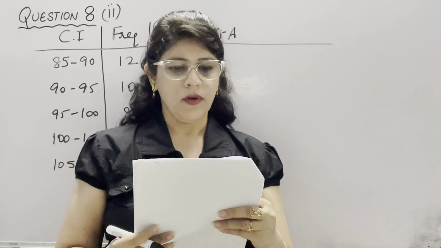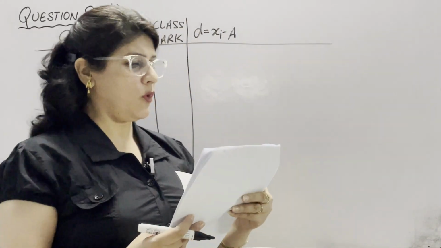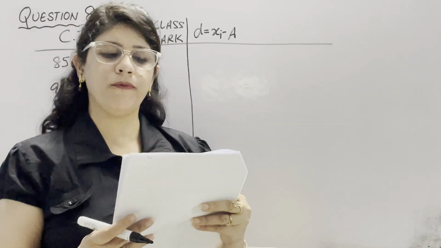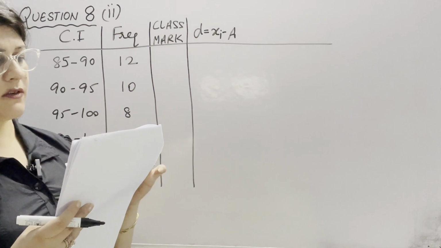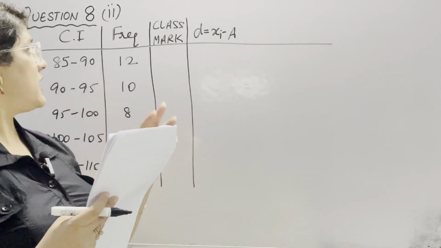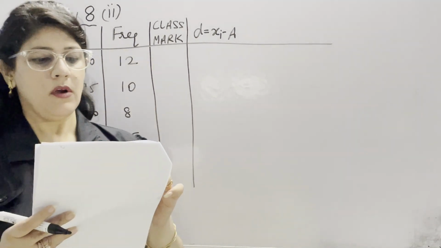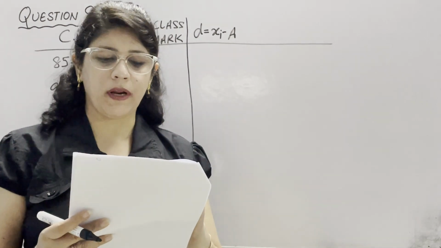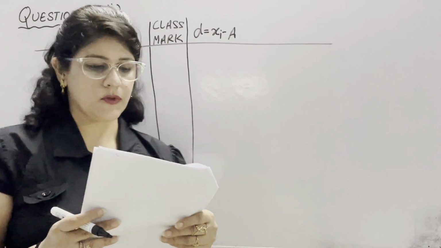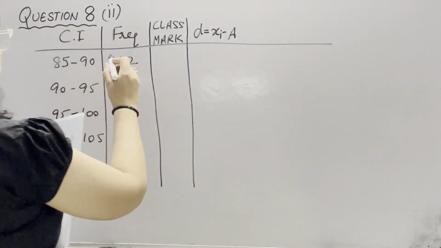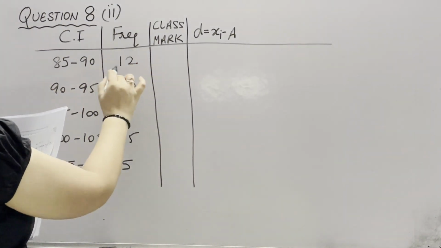In part 2, the table gives the petrol prices per liter for a period of 50 days. So price is given, which is known as the class interval here, and number of days, which is known as the frequency over here. Find the mean price of petrol per liter to the nearest rupee using the step deviation method. So for calculation of mean, class interval, this is frequency.